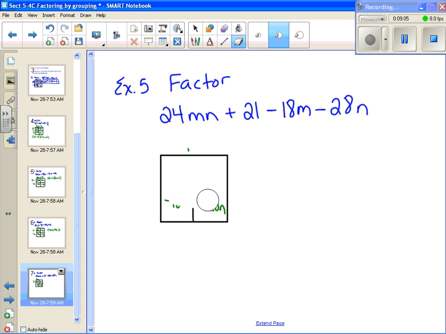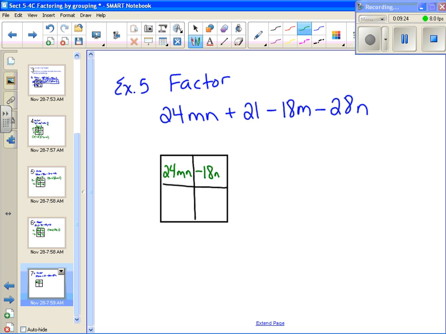So if it doesn't work the first time you arrange it, then just kind of stop and think how you could arrange it to make it work. So I need to have either an m or an n factor out of this. So I'm going to try putting the negative 18m in this spot because now I can factor a number out of 24 and negative 18, but I can also factor an m out.